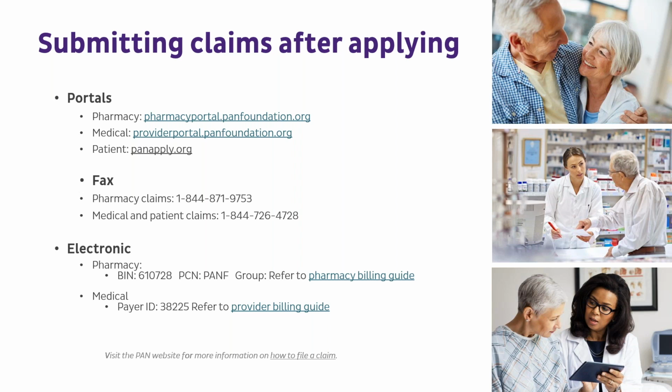The direct member reimbursement form can also be found on our website. Or you can submit an explanation of benefits for services or medications received at the doctor's office with a complete direct member reimbursement form. Additional information on filing claims and the direct member reimbursement form can be found on our website at panfoundation.org under the Get Help section.